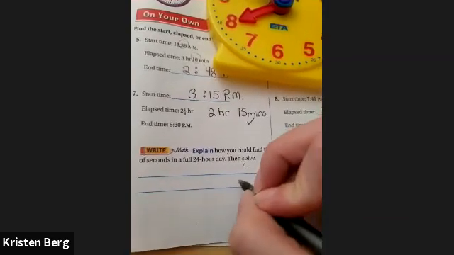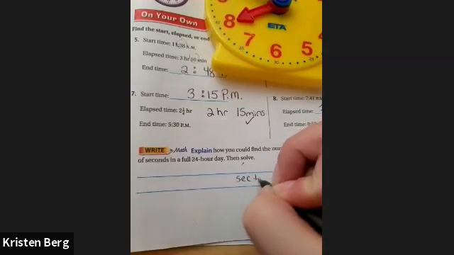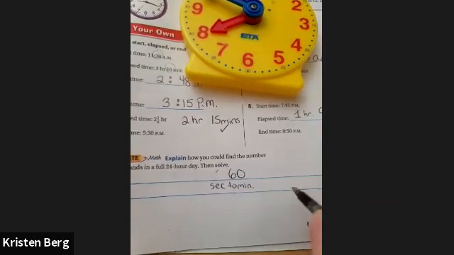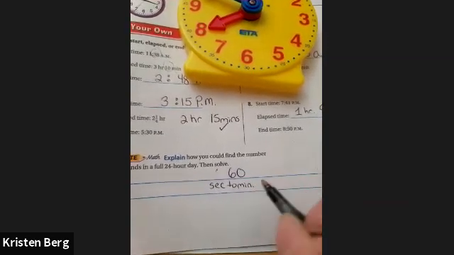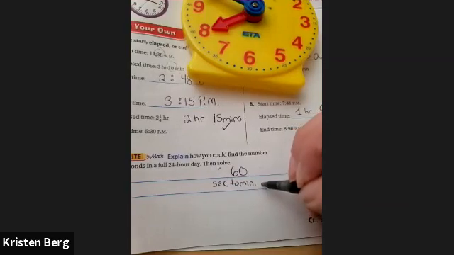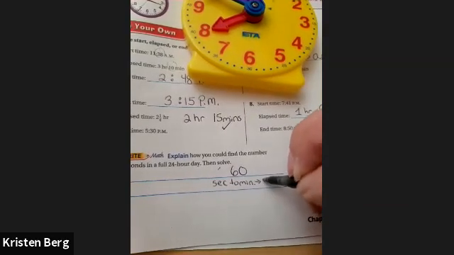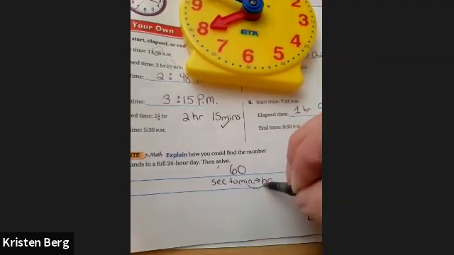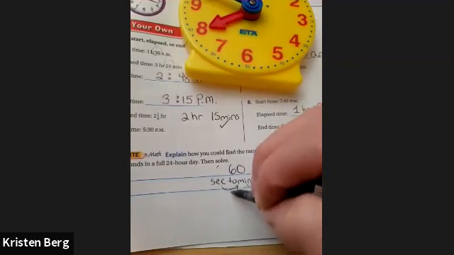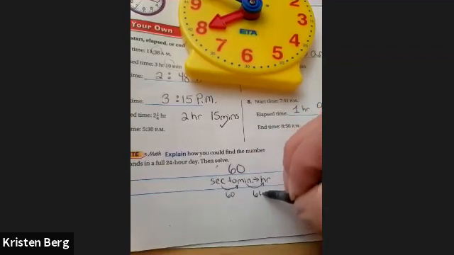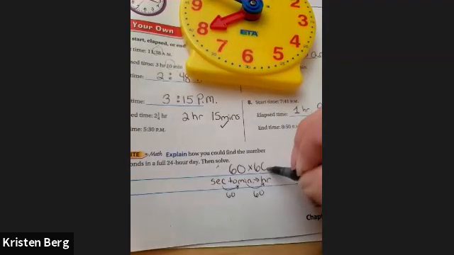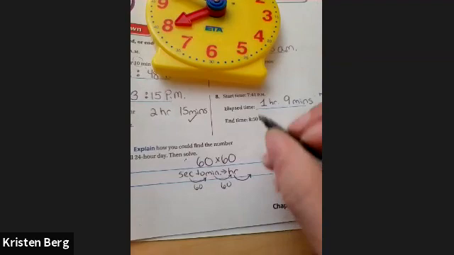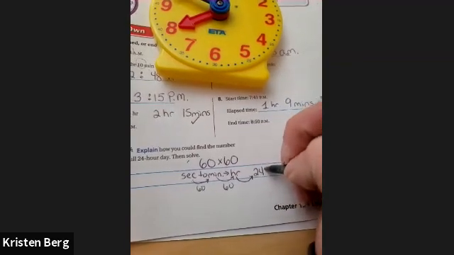So going from seconds to minutes, it would be 60 seconds in a minute. But then we're not done yet. Then we have to go minutes to hours. So how many minutes are in an hour? Well, there are 60 minutes in an hour. So you would have to times it by 60.